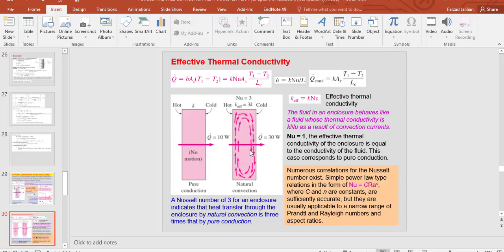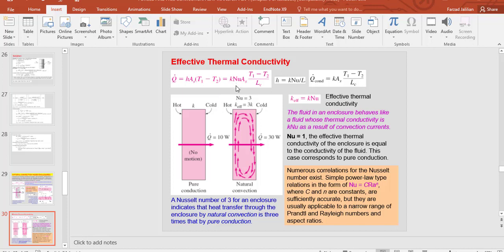If we also calculate the convection heat transfer, we should use this equation. You remember this is Newton's law of cooling: Q dot equal to h A_s (T1 minus T2). T1 and T2 are the temperatures of the surfaces, A_s is the surface area of the heat transfer, and h is the convection coefficient, which is always our question, and we should find that.